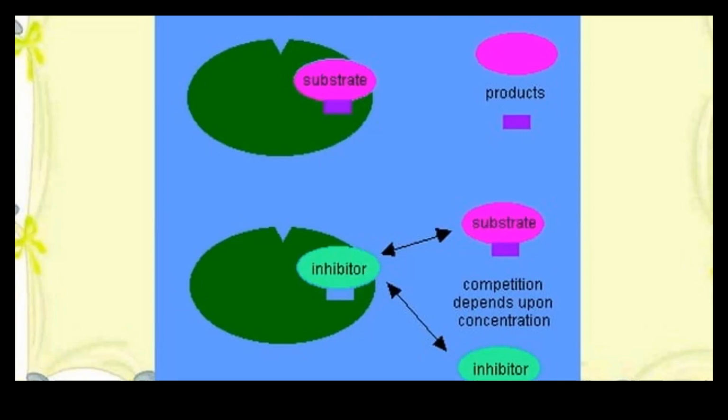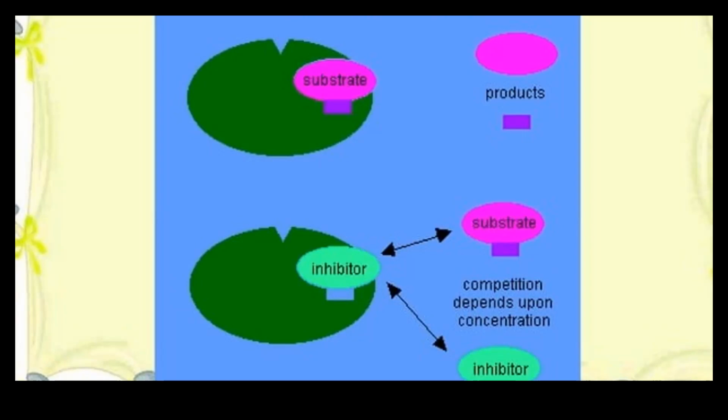Examples. I will give the examples. The first one is the equilibrium type. I am repeating this: the equilibrium type.